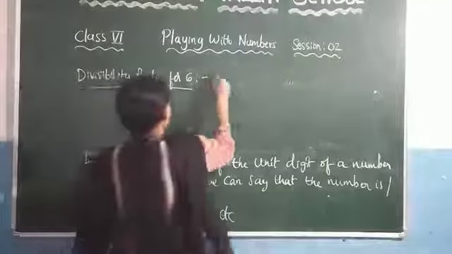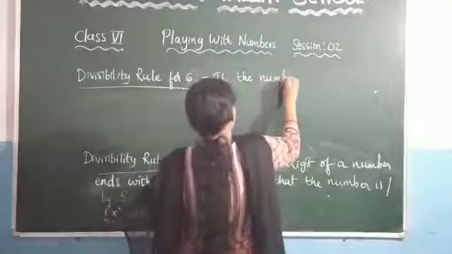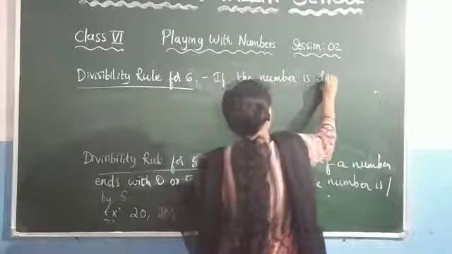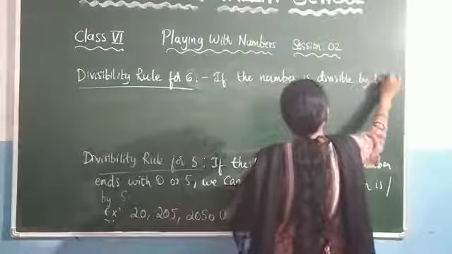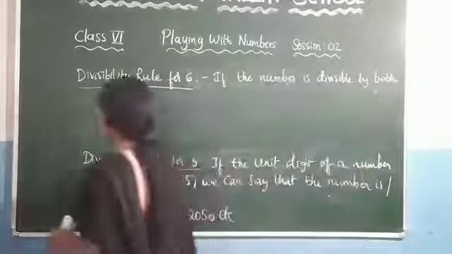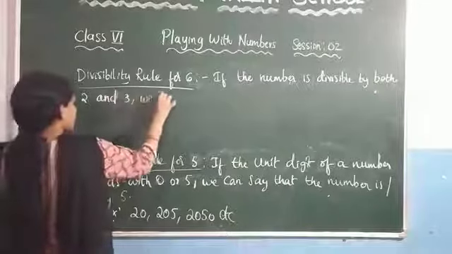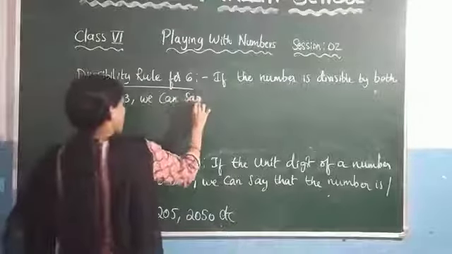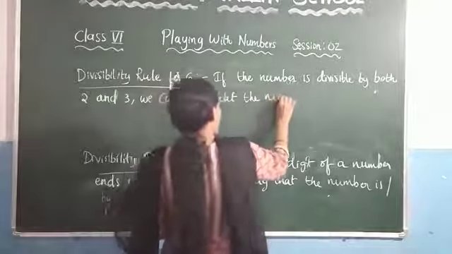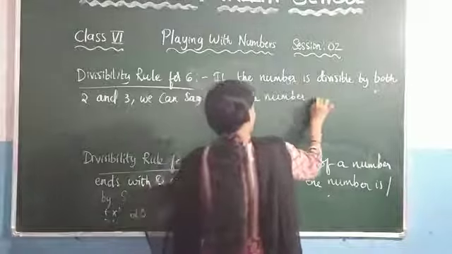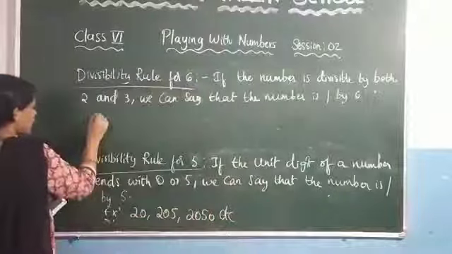Write it here: if the number is divisible by both 2 and 3, we can say that the number is divisible by 6. So, what are the examples you can consider?